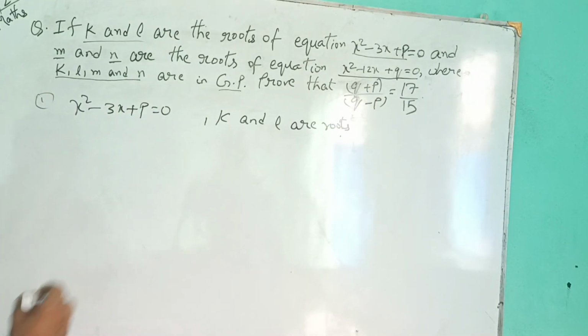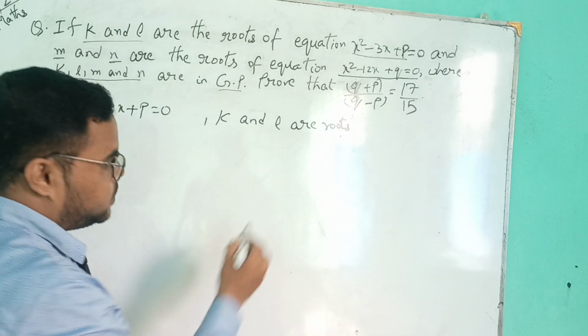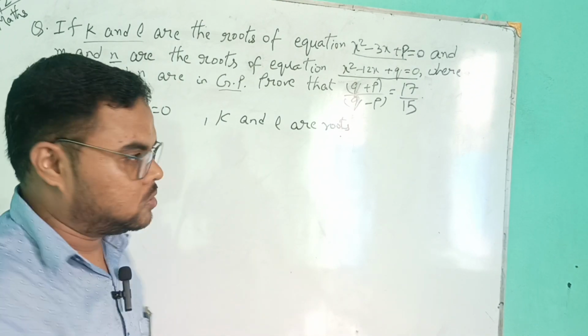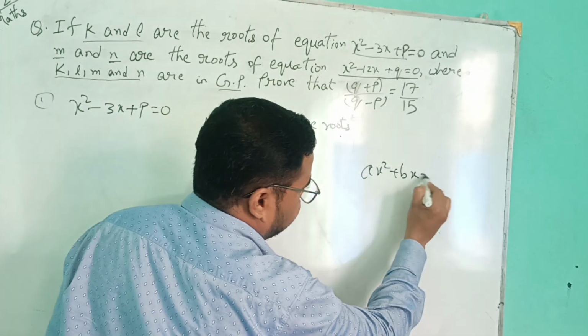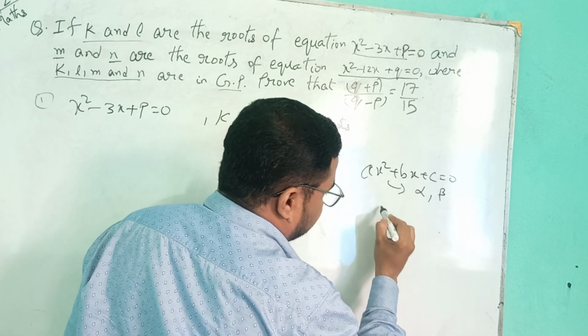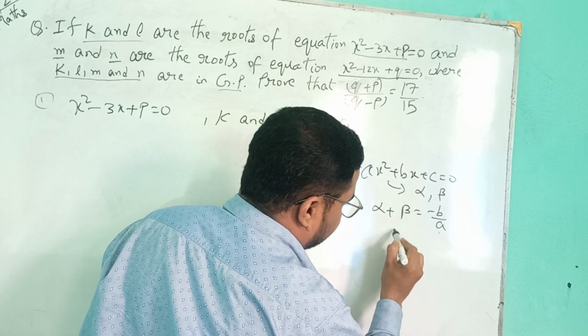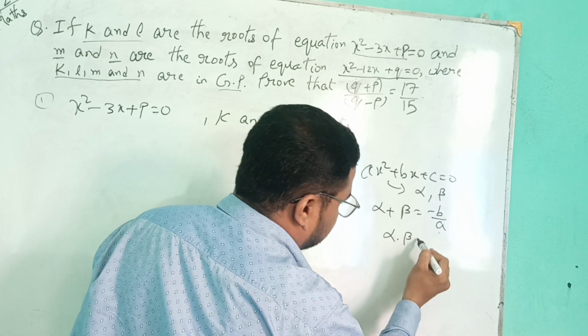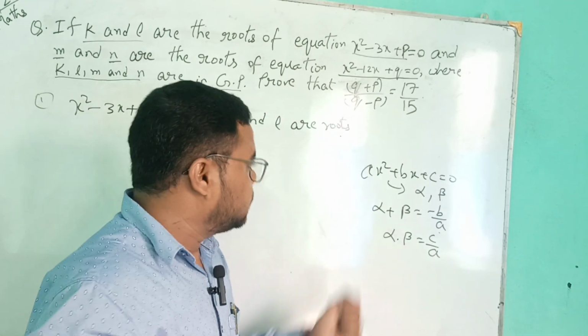As we know, for a quadratic equation ax square plus bx plus c equal to 0, if it has two roots alpha and beta, then alpha plus beta is minus b by a, and alpha into beta is c by a. Here we will use these two concepts.